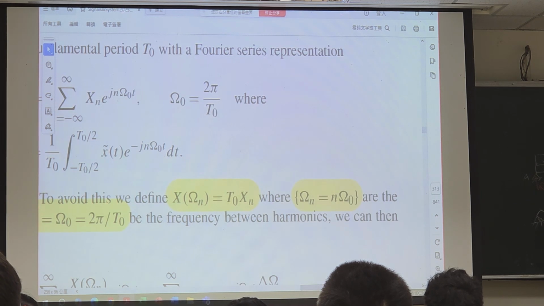And then we define omega n as n times omega sub 0. This omega sub 0 is the fundamental frequency.